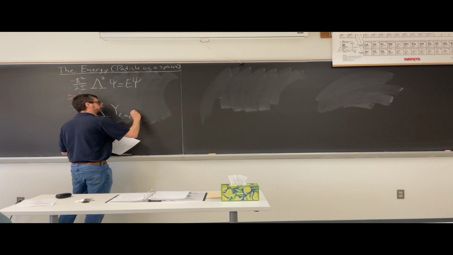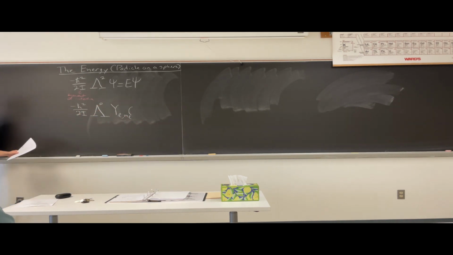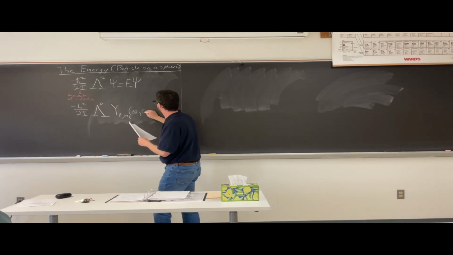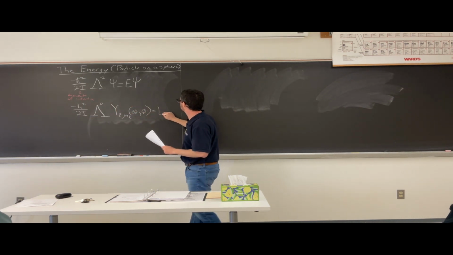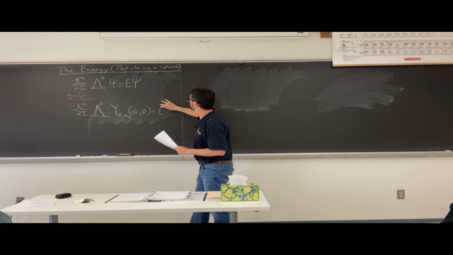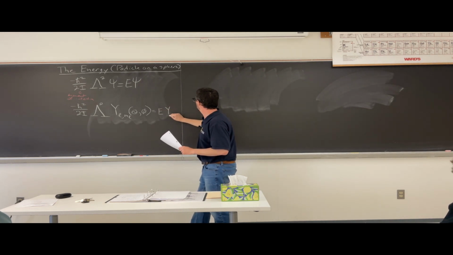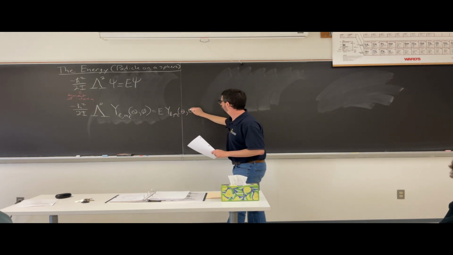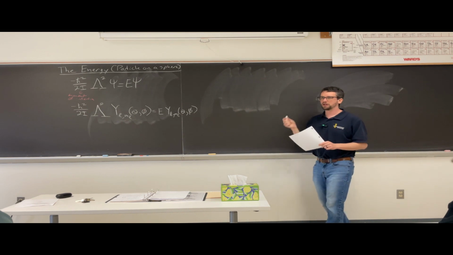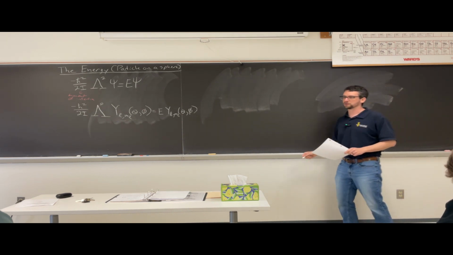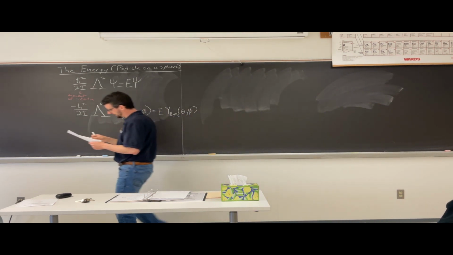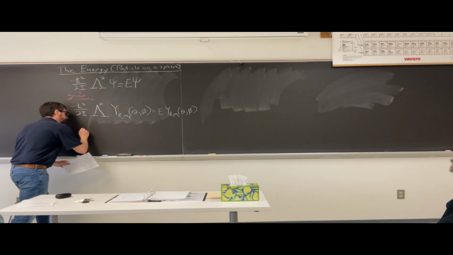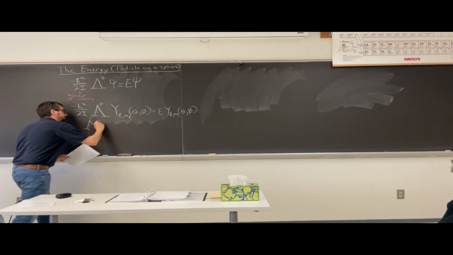And what is the only stuff that Y depended on? So you have to select an L and an ML value that will tell you what the spherical harmonic function looks like.